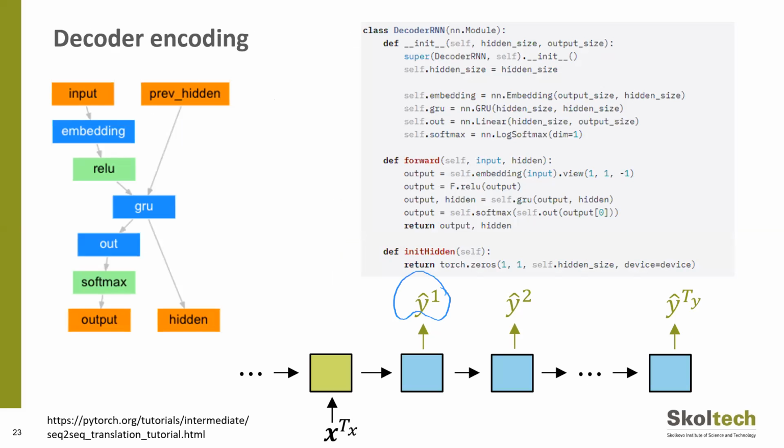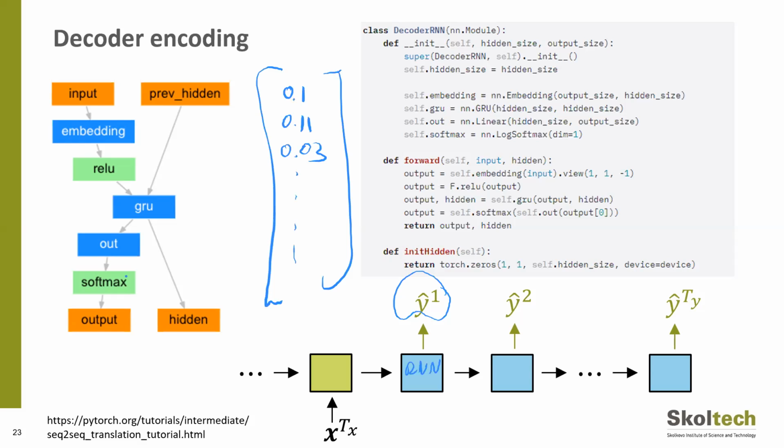And we say that we need not an embedding, but a softmax. So the RNN block returns the vector of probabilities of each word. It actually returns 0.1, 0.11, and so on for each word we have in the dictionary.